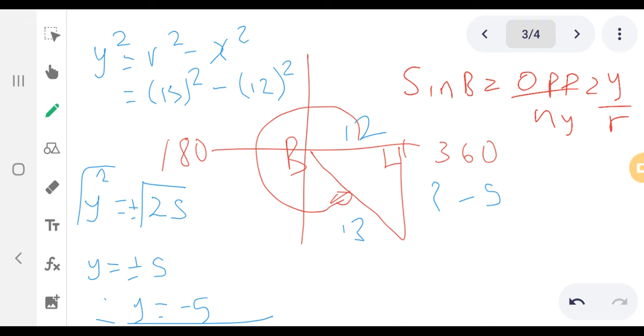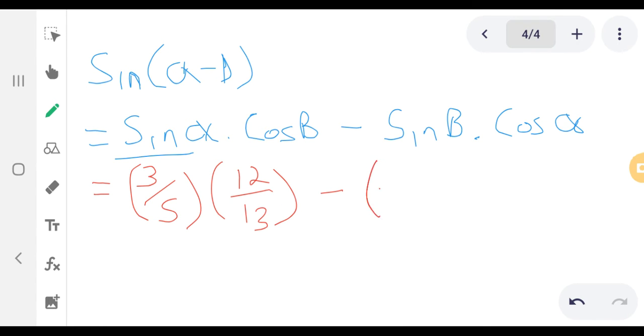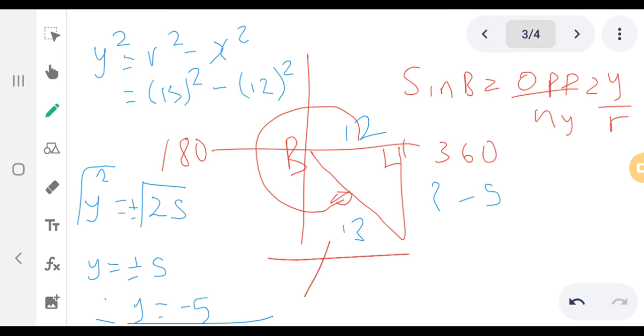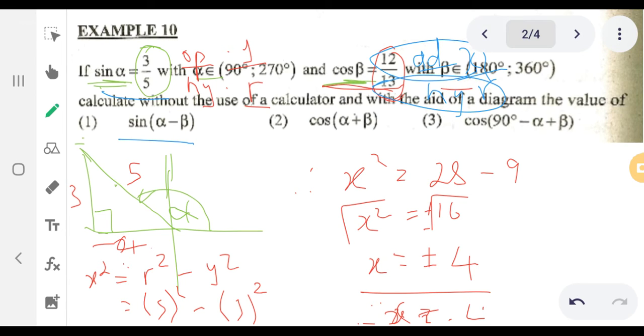Now, what is our y? Our y is minus 5. Our r is 13. So we can come back here and say this is going to be minus 5 all over 13. Now, cos of alpha. For alpha, we can't use this diagram because it has beta, so we'll go and use this one. How do you define cos?